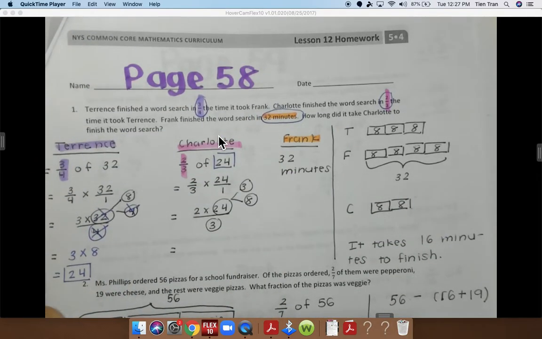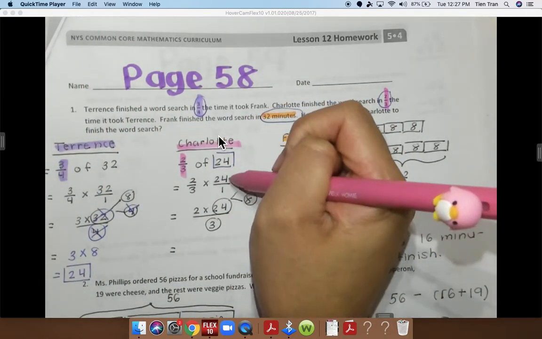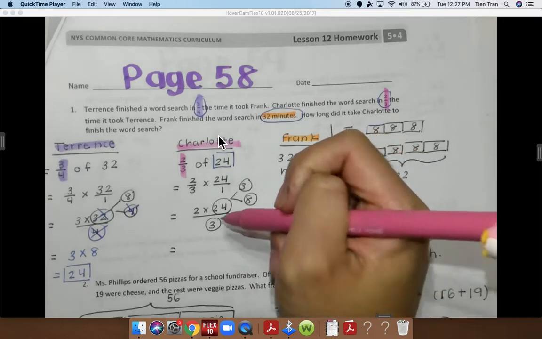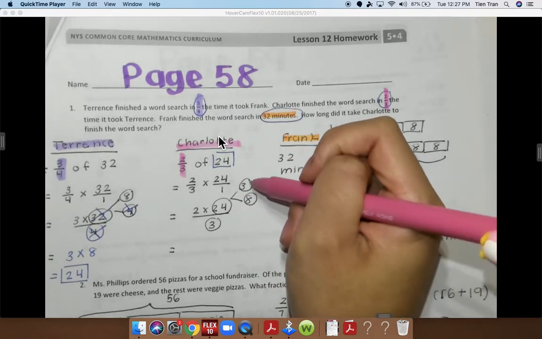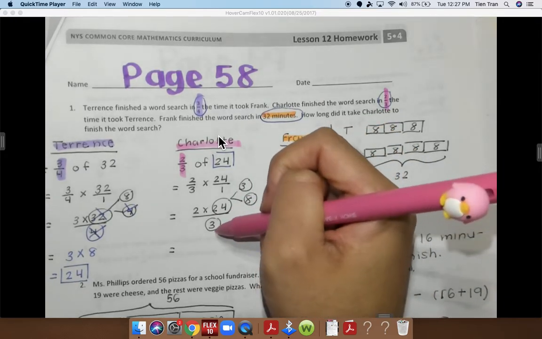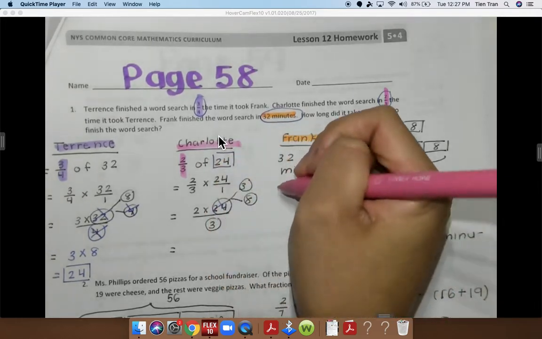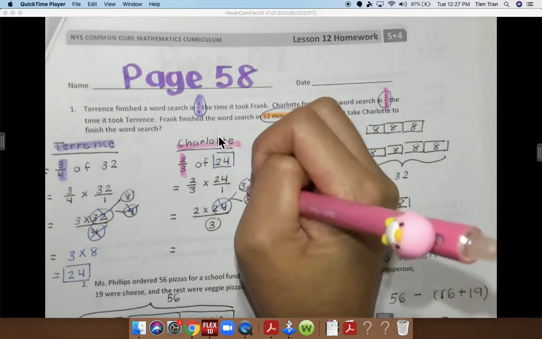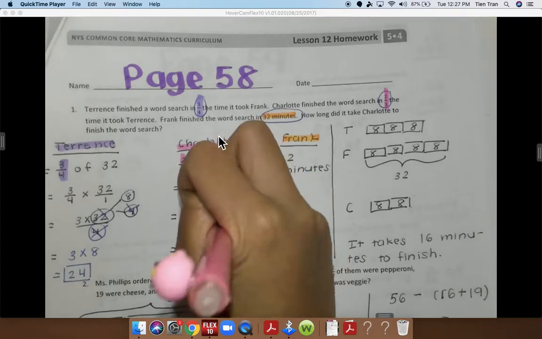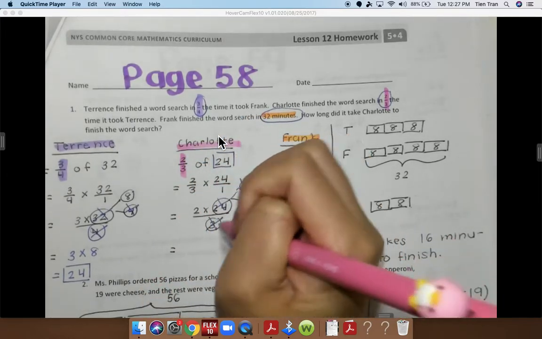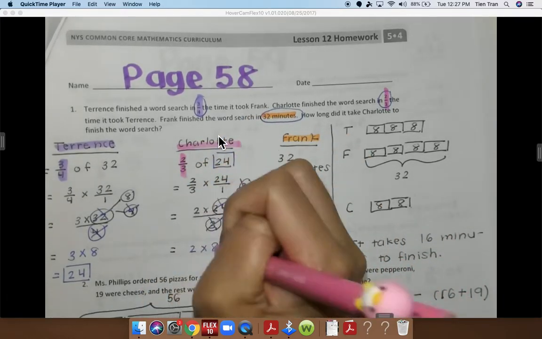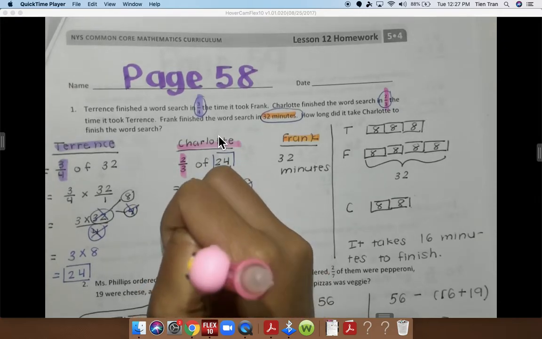So now I'm going to multiply. I have 2 times 24 and 3 times 1. I can break 24 into 3 and 8 because my denominator is 3 and I want to get 3 so I can multiply and cross it off. So I'm crossing off 3 and 3. So what I have left is 2 times 8. And 2 times 8 is equal to 16.